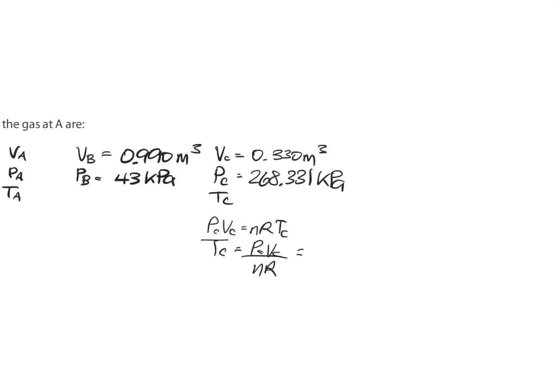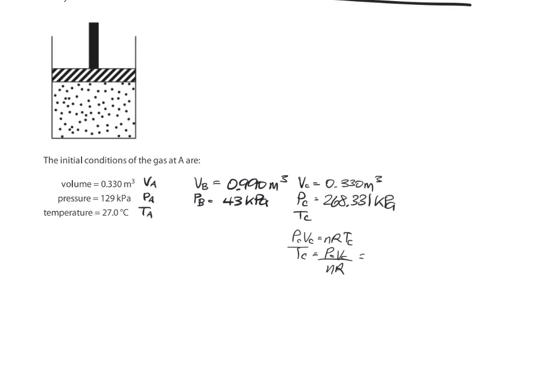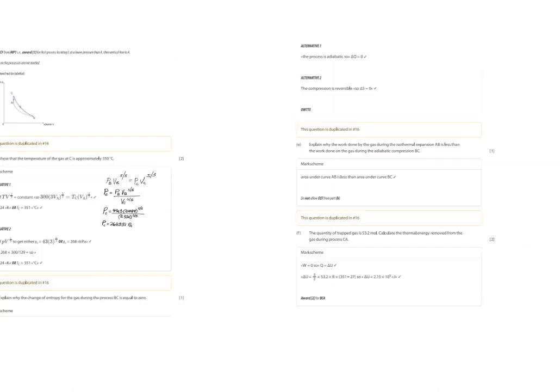Actually, scratch that. Now that I know the pressure of C, I could use the process from C to A. So yeah, because I don't know n, I can't do that. But, so yeah, using that process, we can get 56 degrees. Let's see if that matches up with the answer.